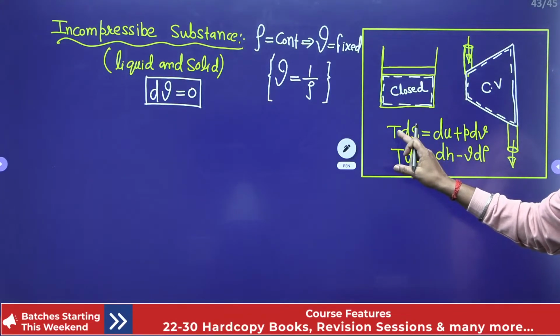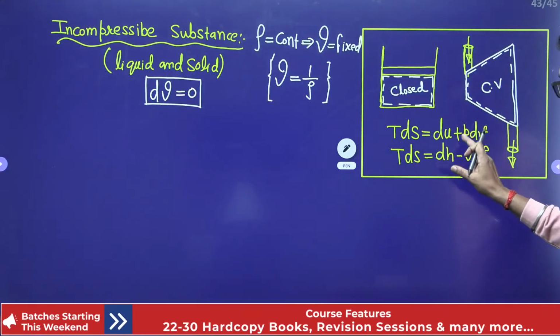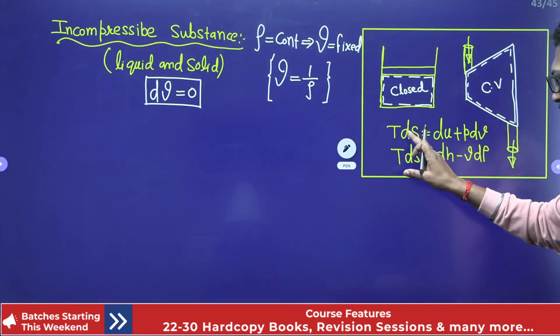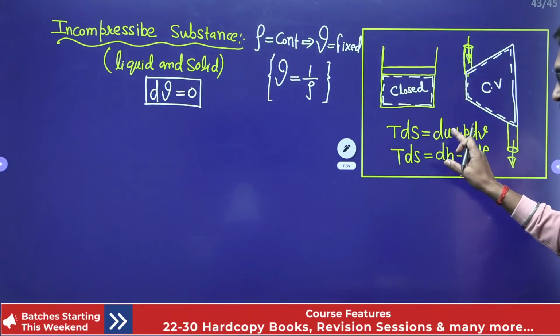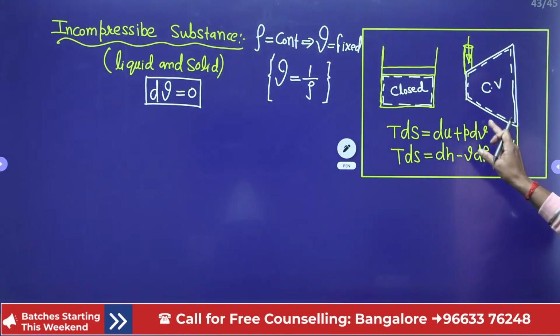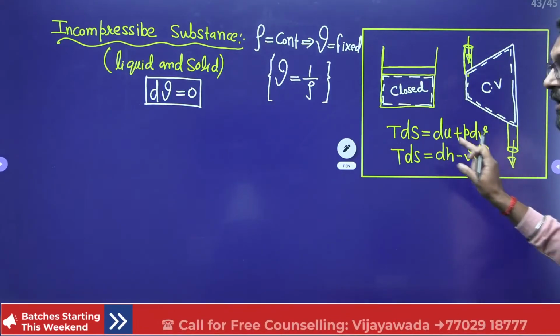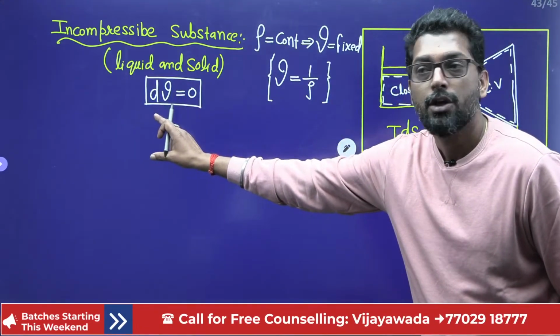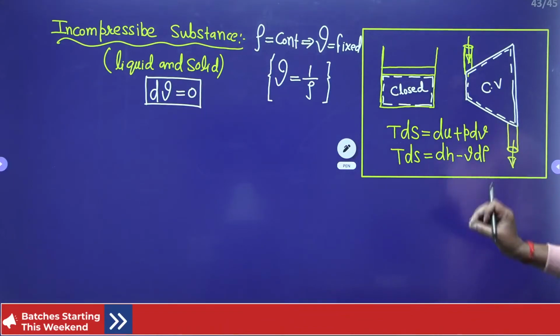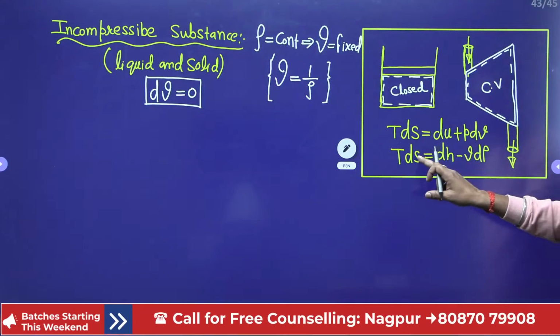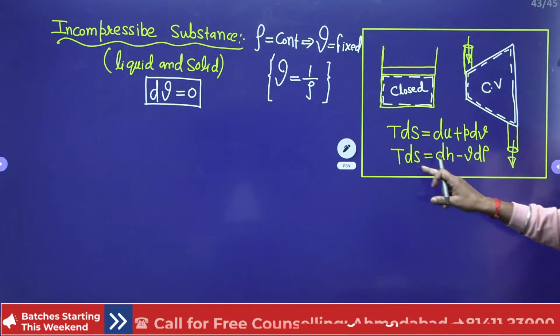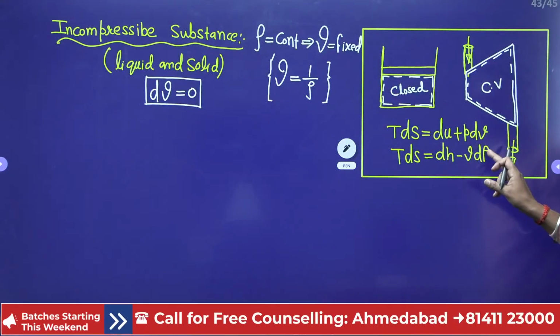This first equation. Why? Because in this case the third term disappears. TdS is the first term, equal to dU the second term, and PdV the third term will disappear. Why? Because dV is 0. But in the other equation, all three terms are present, because there it is dP, not dV.